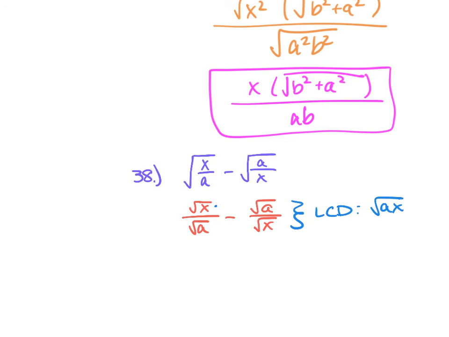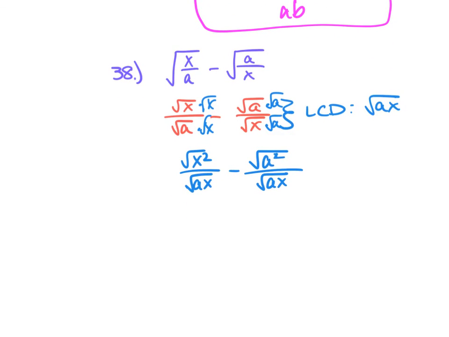So we're going to multiply top and bottom of the first by x, top and bottom of the second by a, and of course these are going to be the square roots of those. So we're going to have the square root of x squared over the square root of ax minus the square root of a squared over the square root of ax. Like denominator, so we can rewrite this as 1. It's going to be x minus a over the square root of ax.